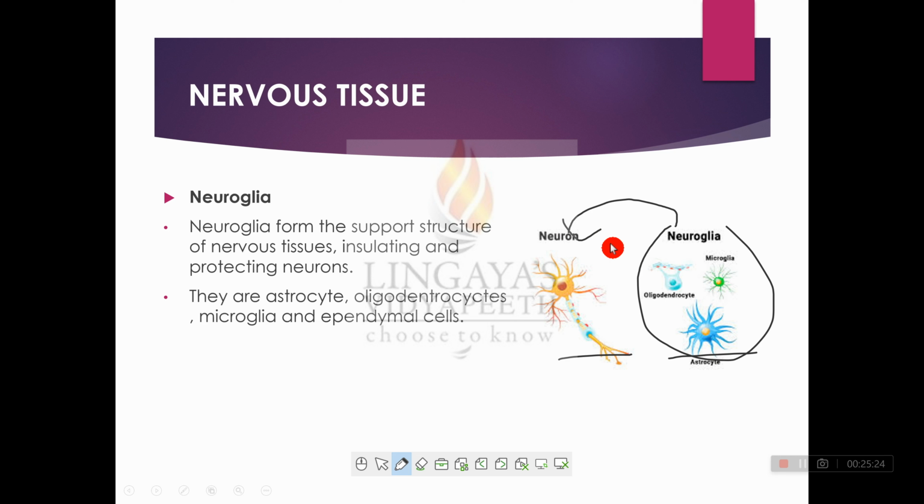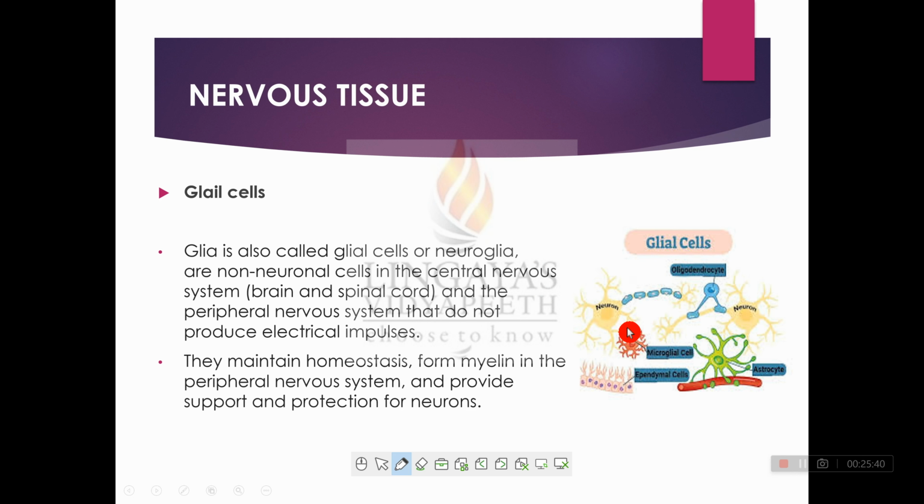Examples of the neuroglia are astrocytes, microglia, oligodendrocytes and ependymal cells.